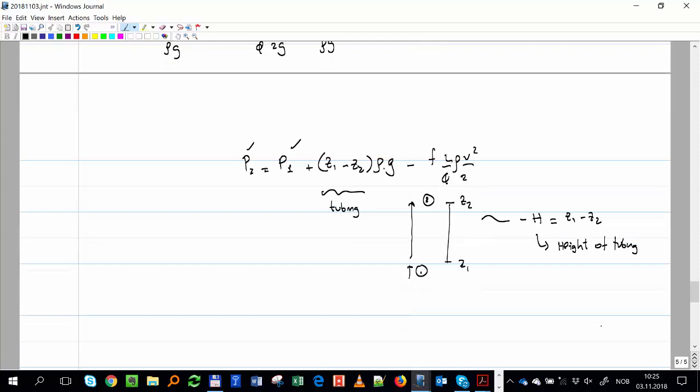So we end up with P2 plus minus H, okay, minus, and then the next challenge is to have the rate.